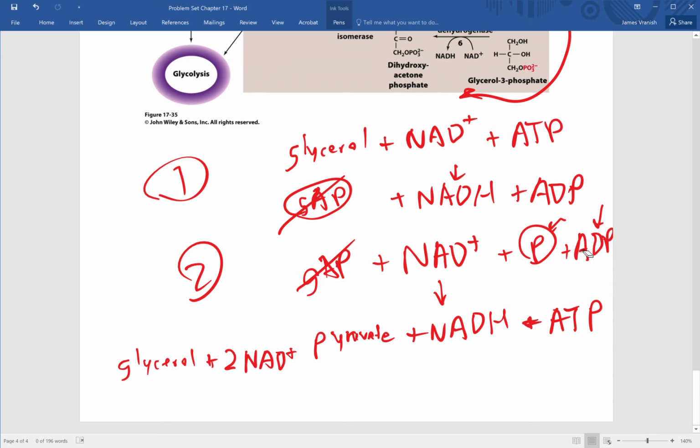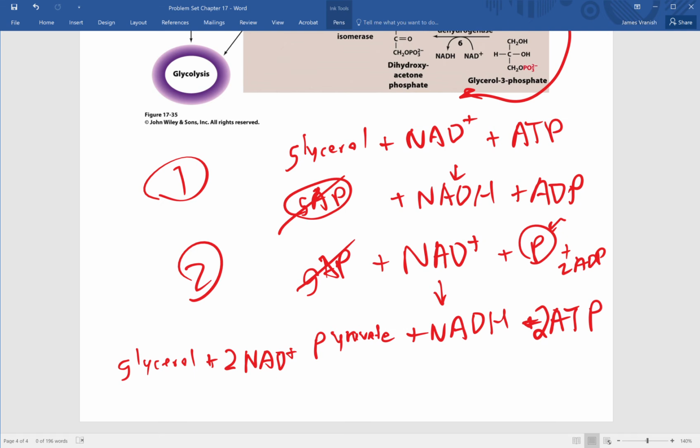All right, so we actually add in a phosphate, and actually there are two ADPs. Sorry, my bad. Two ADPs here, and we end up with two ATPs. The reason why is that one of these ADPs is getting used and turned into ATP with phosphoglycerate kinase, and the other one with pyruvate kinase. My bad, I forgot the 2's on there.